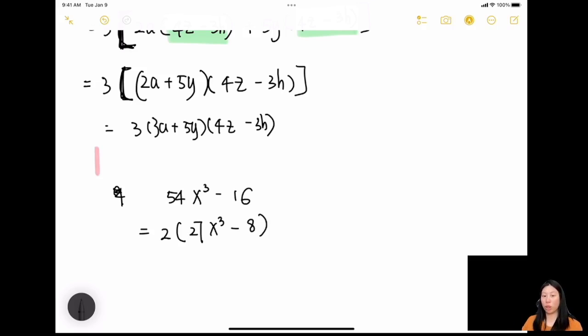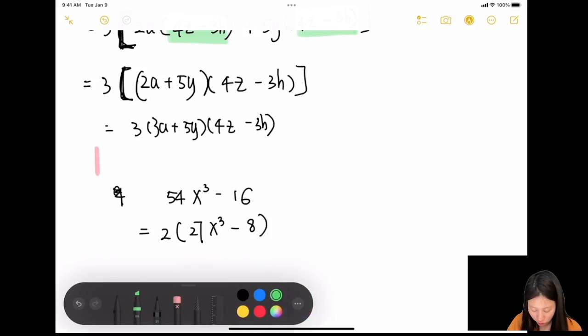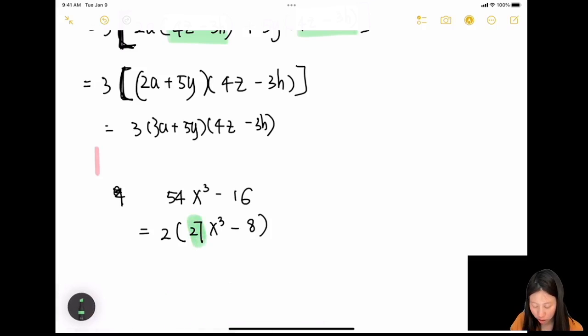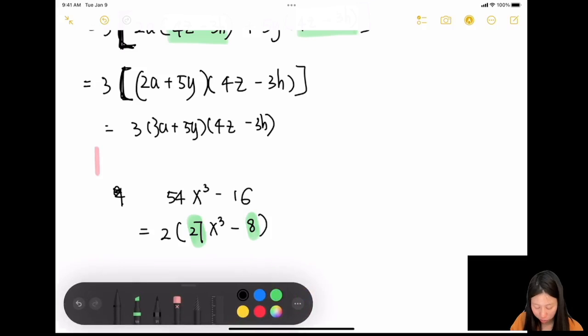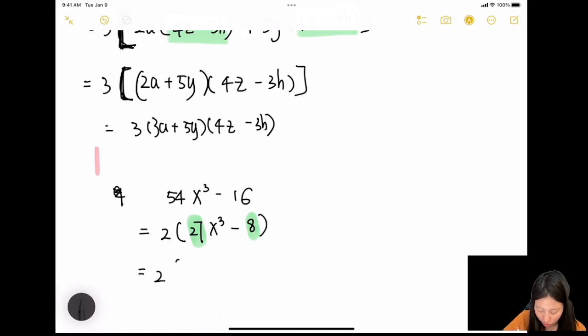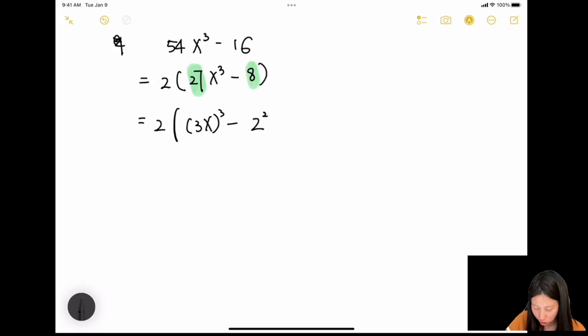Okay, so this is a difference of cubes. Now we need to think about how I can write 27 and 8 as cubes. Well, 27 equals what? 3 cubed, right? And 8 is 2 cubed.